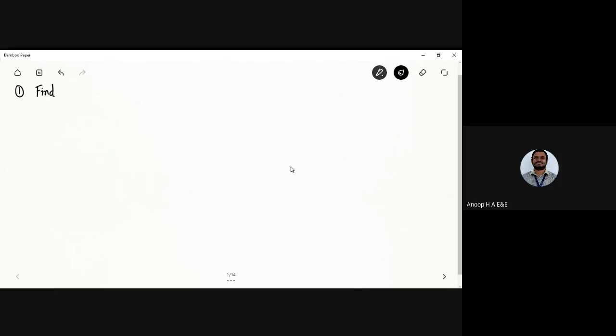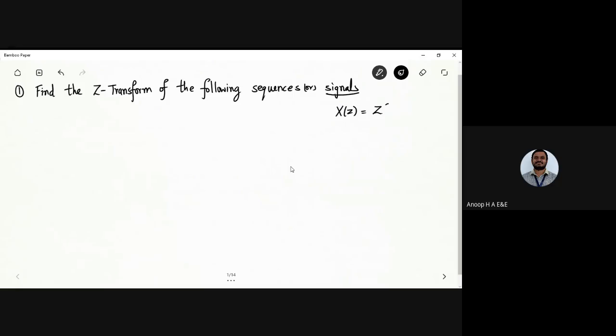Find the Z transform of the following sequences or signals. Okay, so in order to find the Z transform, you know that X of Z, I keep on repeating it, can also be written as the Z transform of X of n.